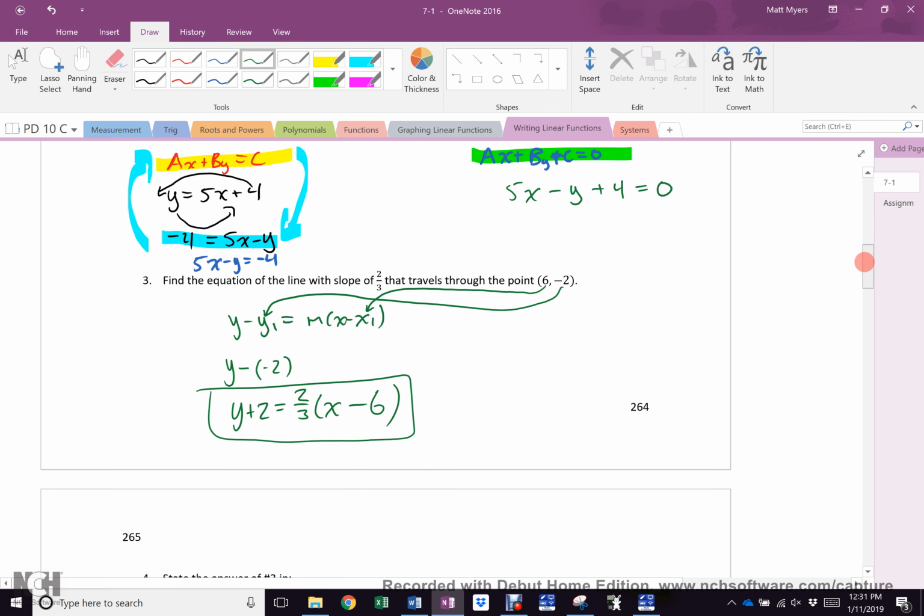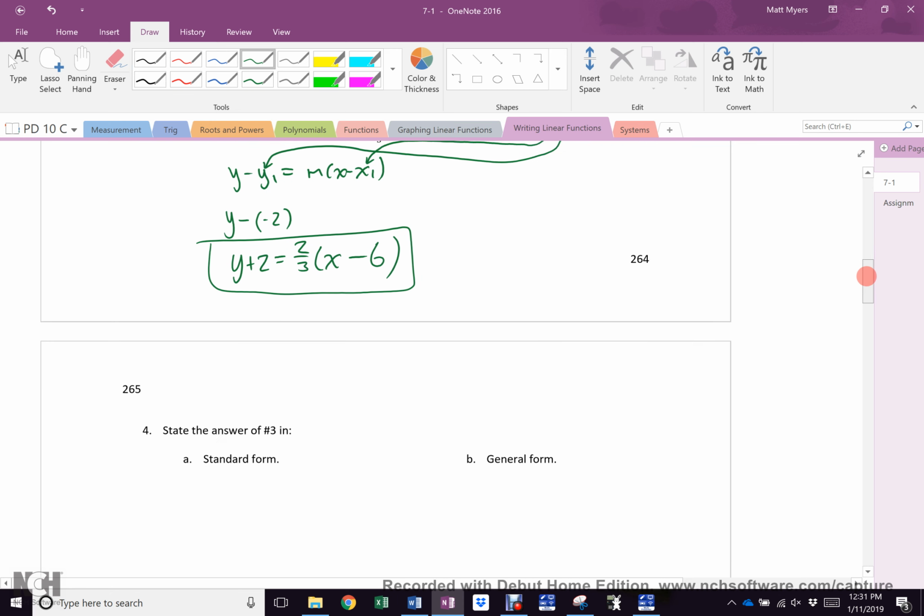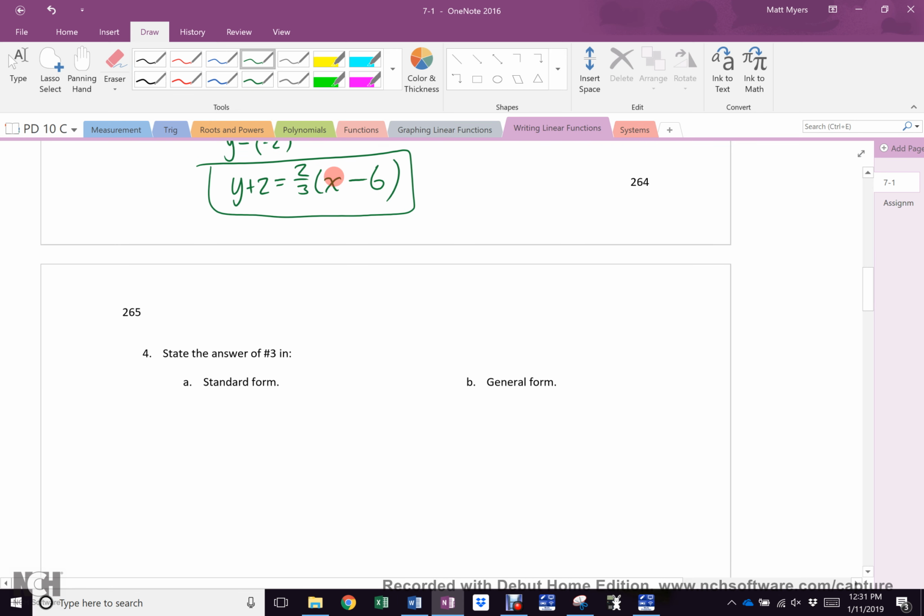Now, take that knowledge, which you can still see on the screen, so you can rewrite it if you want, and turn that into all the other 3 forms. How do I do it? Algebra. Standard form, we know, Ganika, algebra is your favorite.